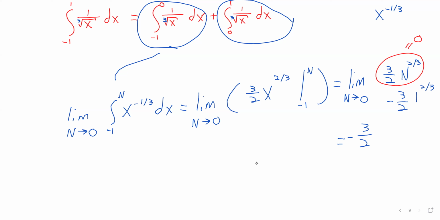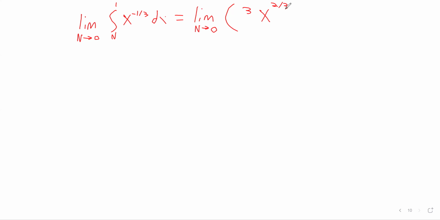The other integral, which we've now already done, but the limit as n approaches 0, the integral from n to 1 of x to the negative 1/3 dx, I hope can be taken without a lot of sweat and bother.